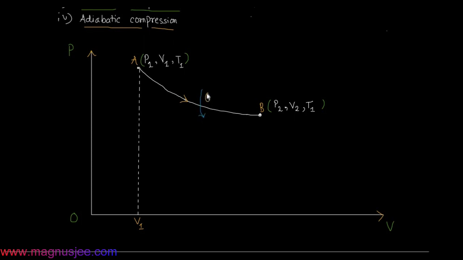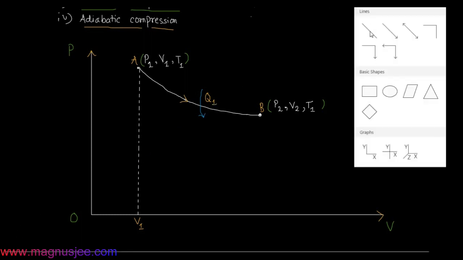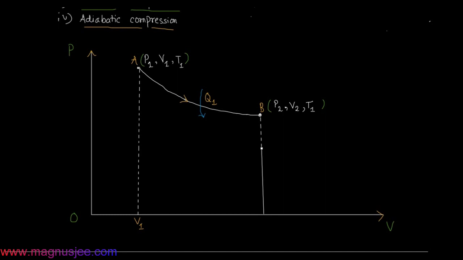During this isothermal expansion, the gas absorbs Q1 amount of heat energy. From the point B, we can draw a normal on the volume axis at the volume V equal to V2. That means at point B, the volume of the gas increases to V2. And now we can draw the adiabatic expansion.